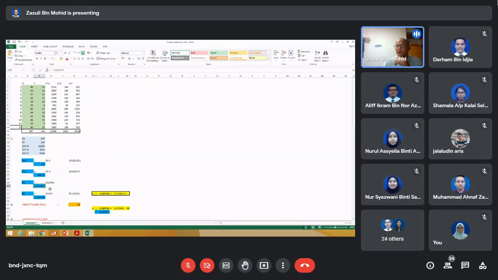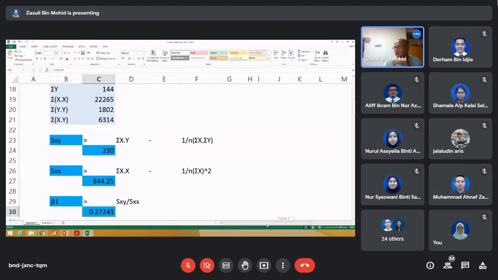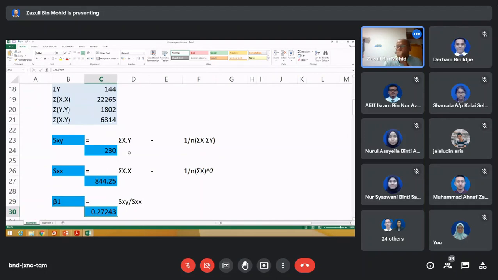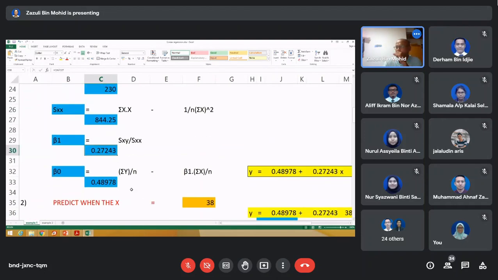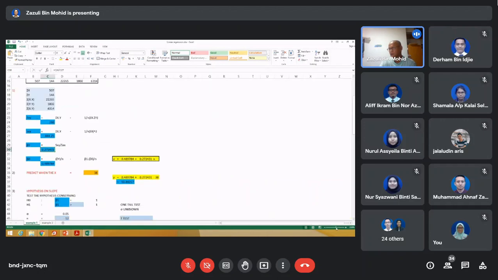So you have 0.2724, and beta 0 you have 0.489. So this is the answer for the calculation from SXY until beta 0.